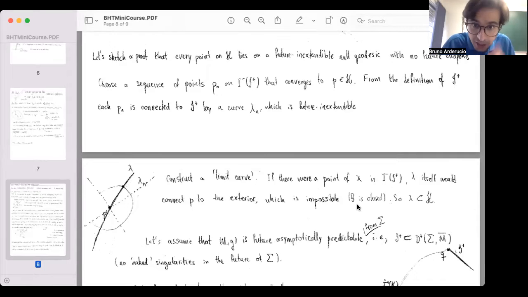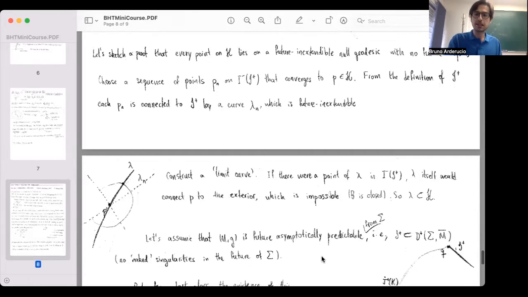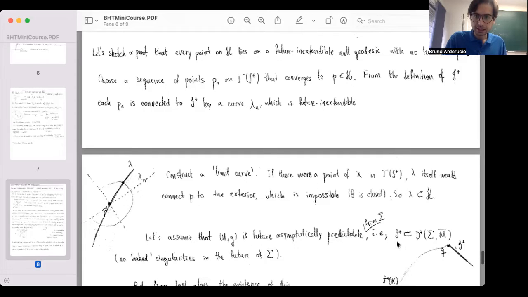The name of this assumption is black holes that are future asymptotically predictable. That assumption is that the future null infinity is contained within the future Cauchy development of sigma in the conformal manifold with boundary.